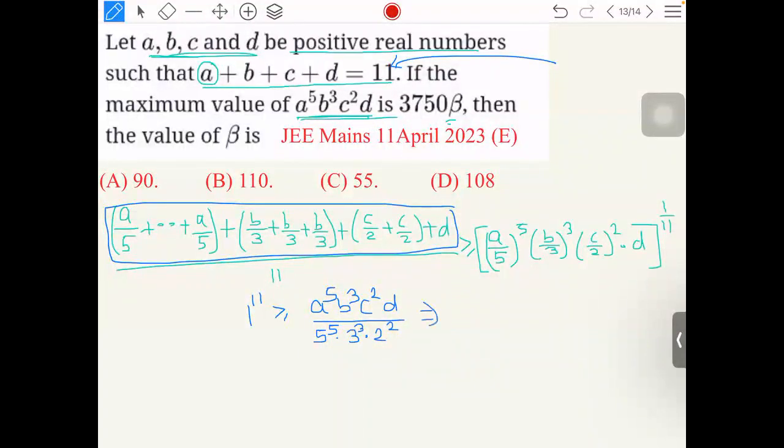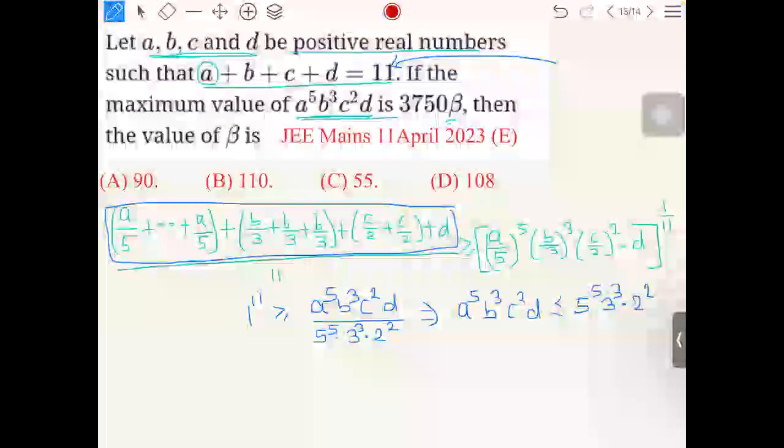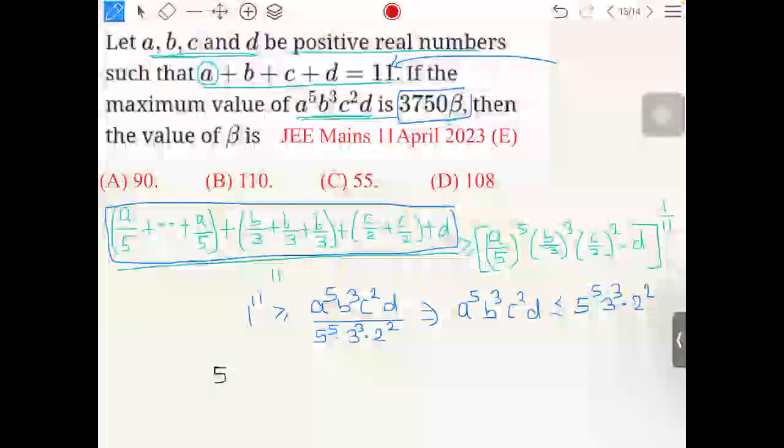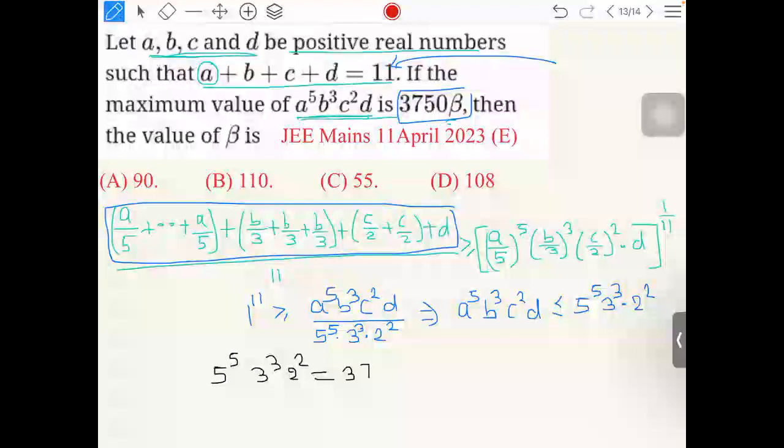Or we can write a raised to 5, b cube, c square, d is less than equal to 5 raised to 5, 3 raised to 3 into 2 raised to 2. Now this value is given as 3750 beta, and we need to find the value of beta. That means 5 to the power 5 into 3 cube into 2 square is equal to 3750 into beta.